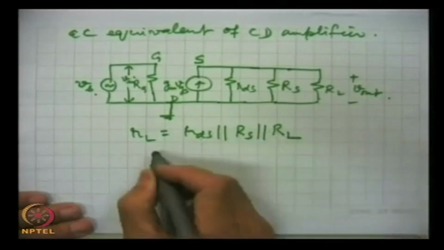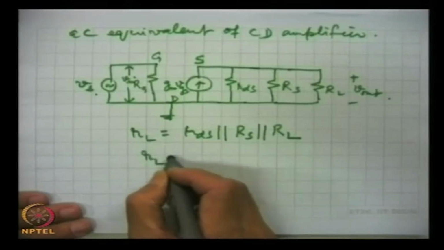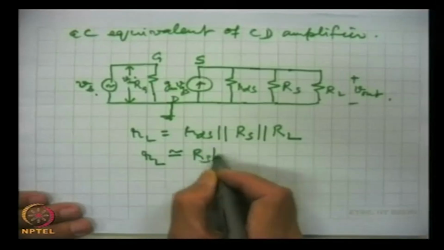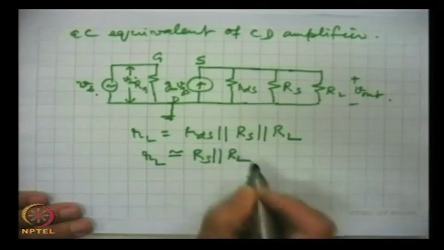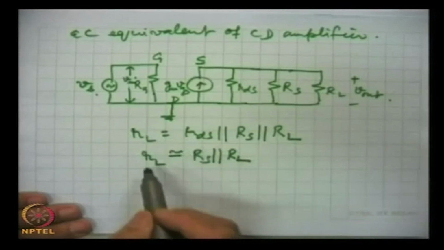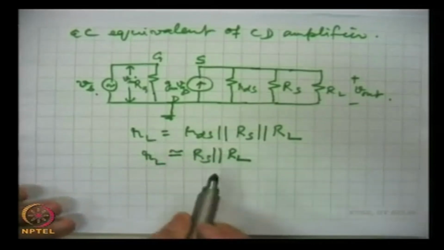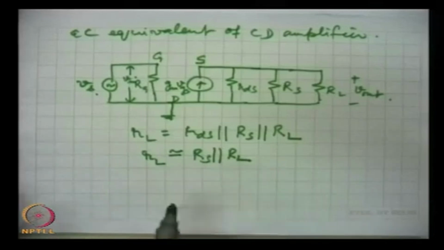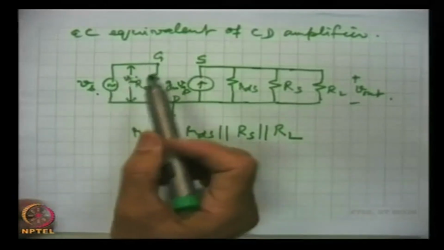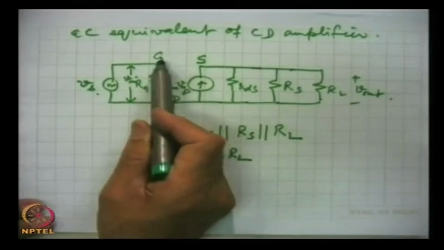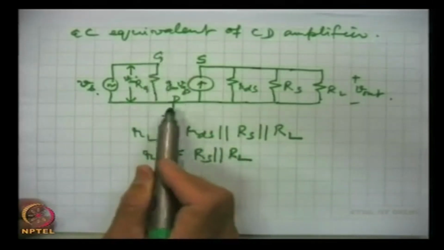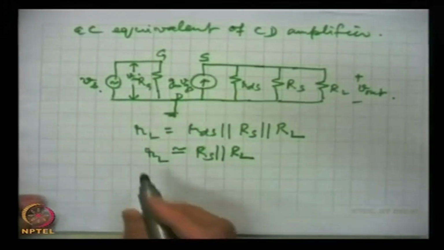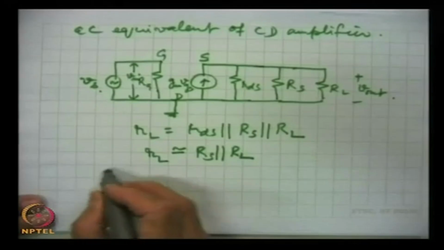So, this RL' effectively will be very close to RS in parallel with RL. So, we can replace all three resistances by this. And another interesting point is that the gate terminal with respect to ground is at Vin.